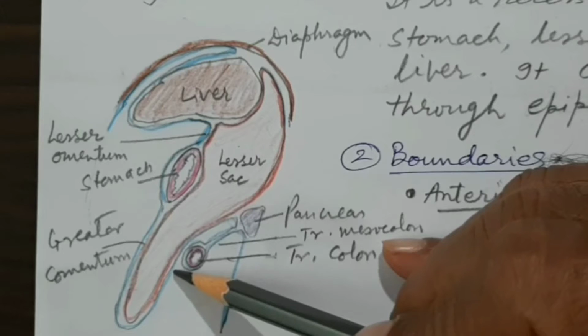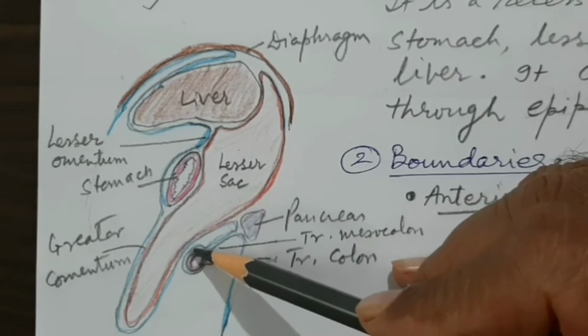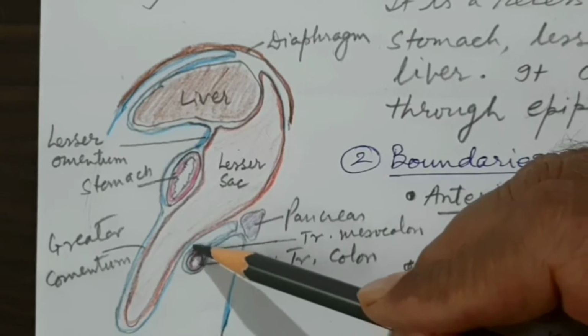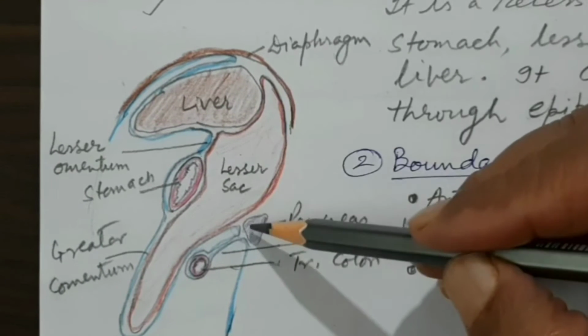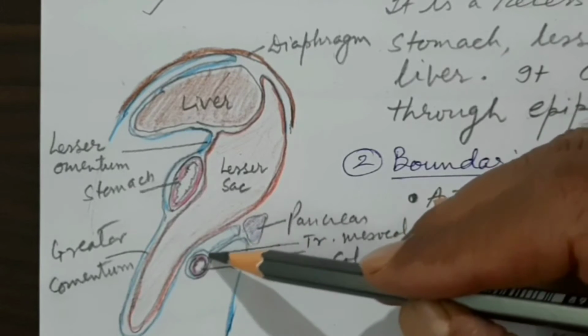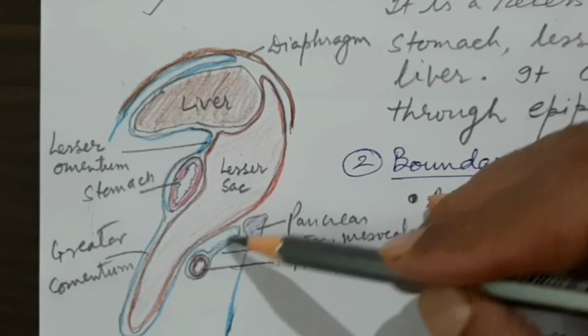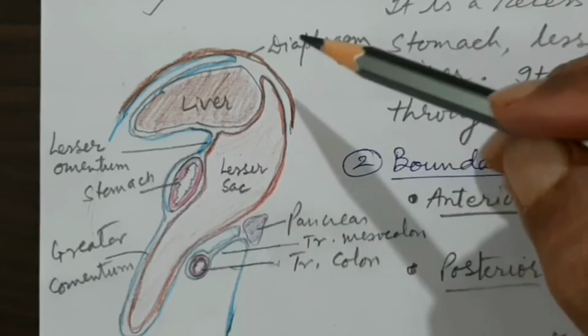Then this turns on itself and lies in front of the transverse colon, which is covered by the peritoneum, and reaches the pancreas here. Then it goes down to form the transverse mesocolon and then the posterior abdominal wall.